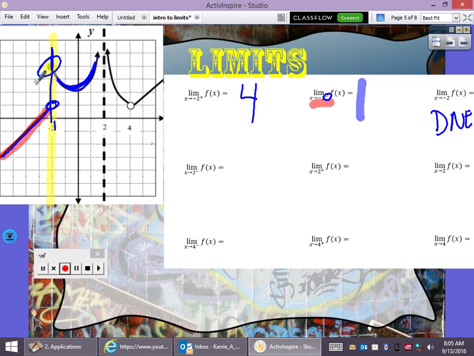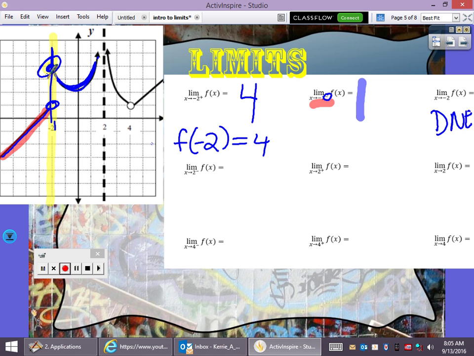However, if I had asked f of -2, what would you say? You would say 4. That's when the colored in dot has that extra meaning. I know it's a little bit to take in. It's your first intro. Okay?